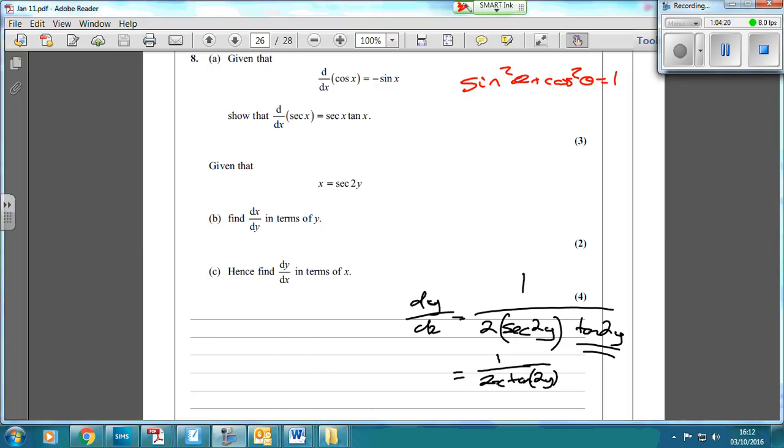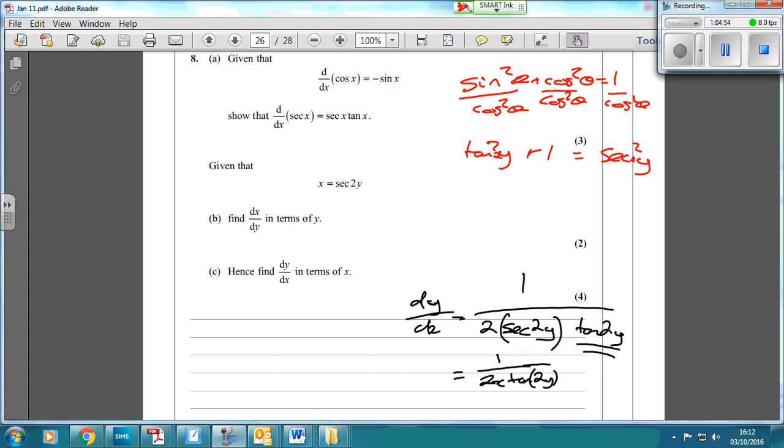So if we divide everything by cos squared, sine squared over cos squared is tan squared, plus 1 equals sec squared. If I get rid of the theta and put y, tan squared y plus 1 equals sec squared y. Or even if you put 2y instead.